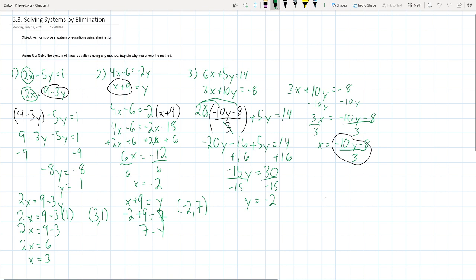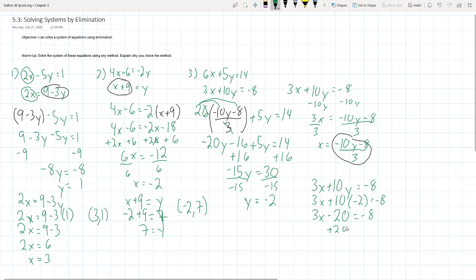Now I can plug this into either of the two original equations. I'm going to do this one. So 3x plus 10y equals negative 8. 3x plus 10 times negative 2 equals negative 8. 3x plus, well, that ends up being minus 20 equals negative 8.